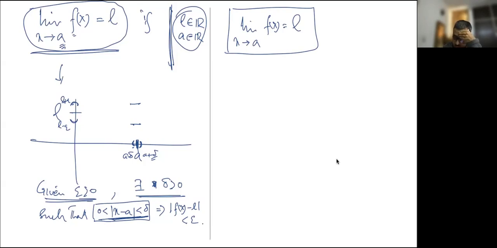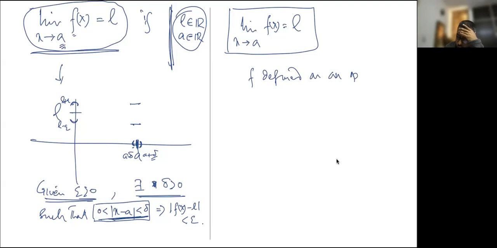So I have not said very much about where f is defined, what A is with respect to that domain, etc. Okay, so right now, we'll just assume that f is defined on a deleted open neighborhood of A. As I said, at A, whether f is defined or not, we are not bothered.